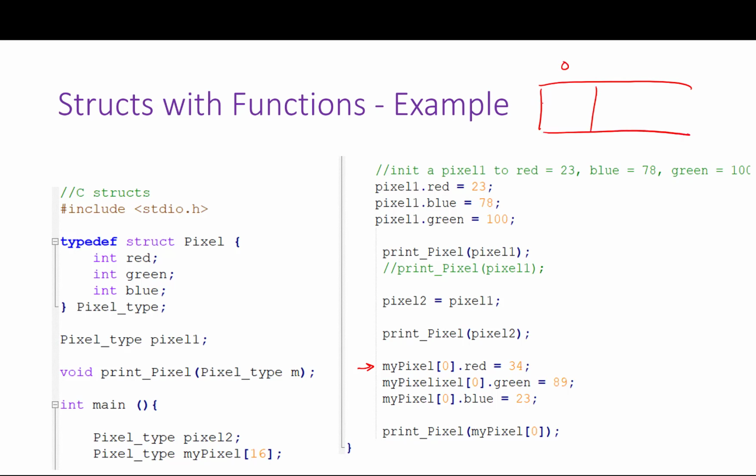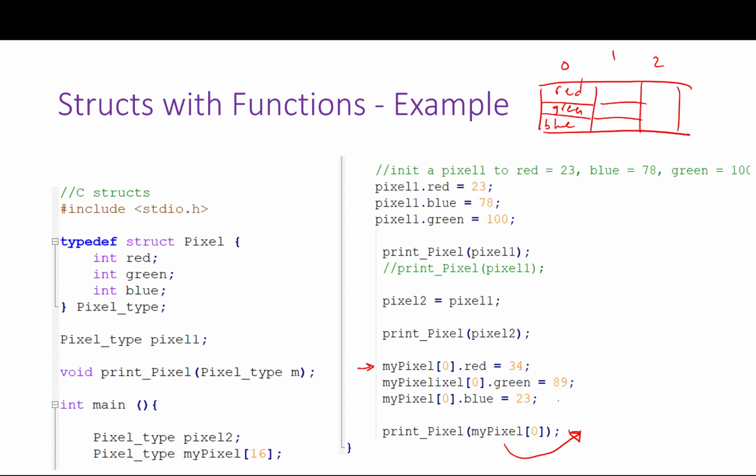And here I have the red, and then the green, and then the blue. The same thing here, right? This is 1, this is 2, and so on. So here I'm just initializing the first one, okay? And again, when you are sending to the function, you are sending the first element in the array of structs, okay? Which here is called myPixel0.